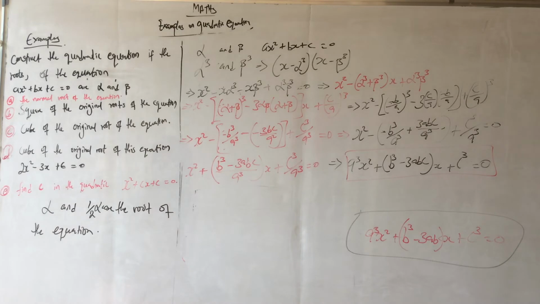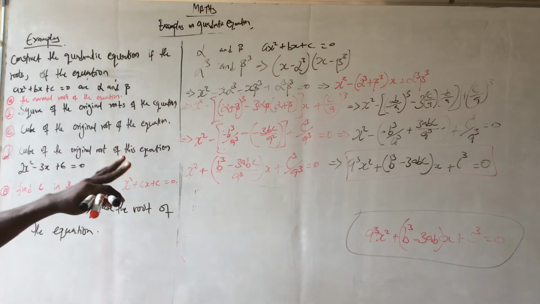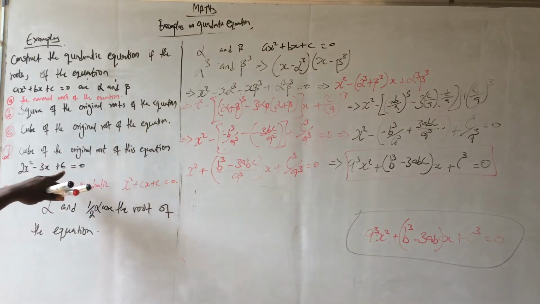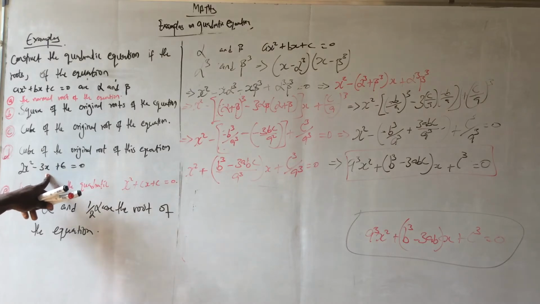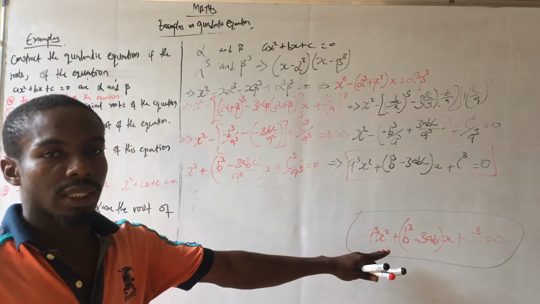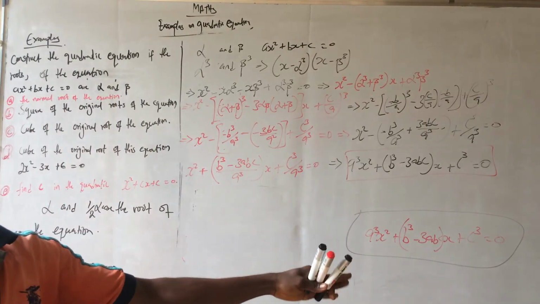Now the D says that after finding the quadratic equation, we should solve this quadratic equation. We are going to solve it using this method. Since we have obtained this, this is another way of solving a quadratic equation.